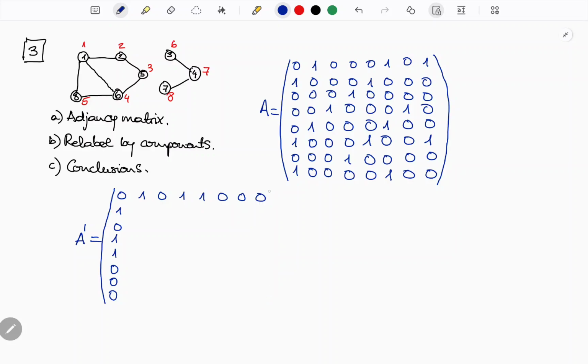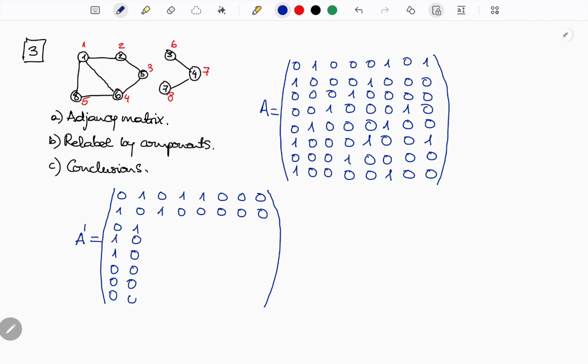The second row is associated to node 2, so it's linked to nodes 1 and 3. Node 1 is already here and node 3 is this one, and the rest are zeros. And I'm going to write exactly the same here for 3, and the rest are zeros.